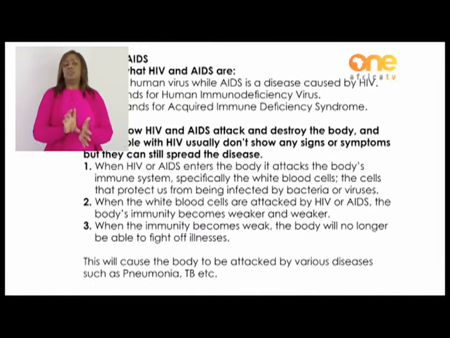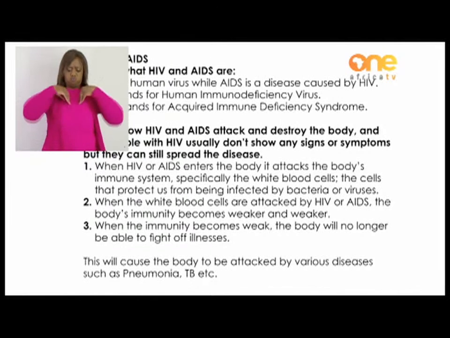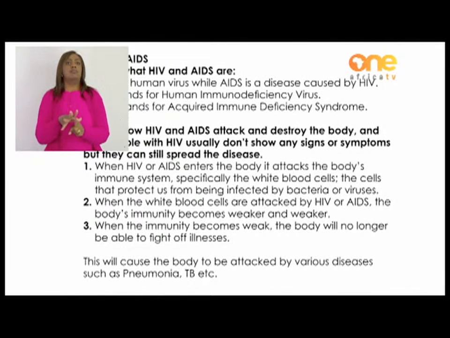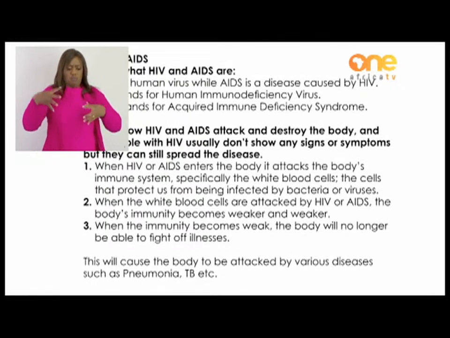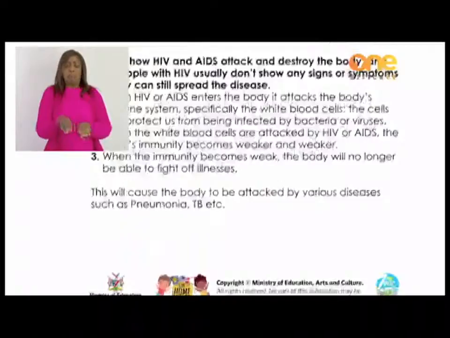The last thing that we need to look at today is that we must be able to explain how HIV and AIDS attack and destroy the body, and that people with HIV usually don't show any sign or symptom, but they can still spread the disease. How does HIV attack and destroy the immune system? When HIV or AIDS enters the body, it attacks the body's immune system, specifically the white blood cells.